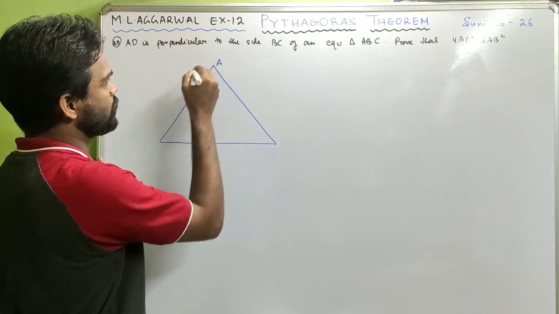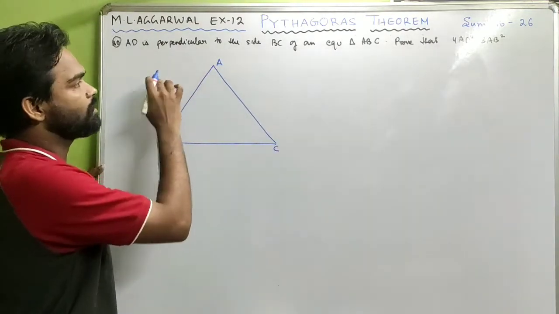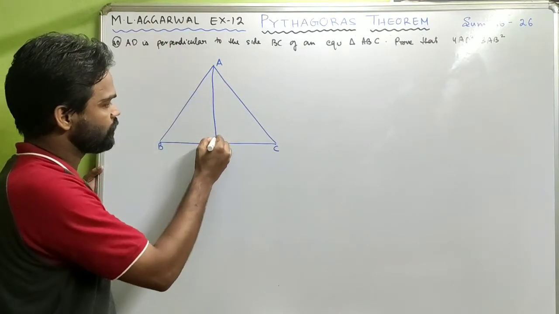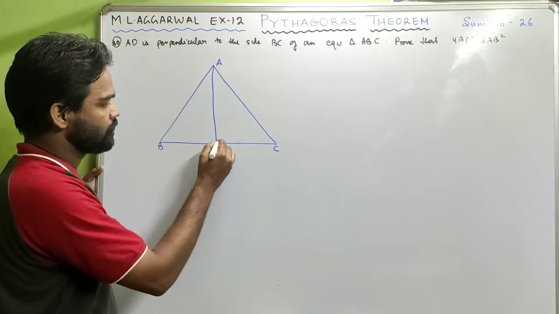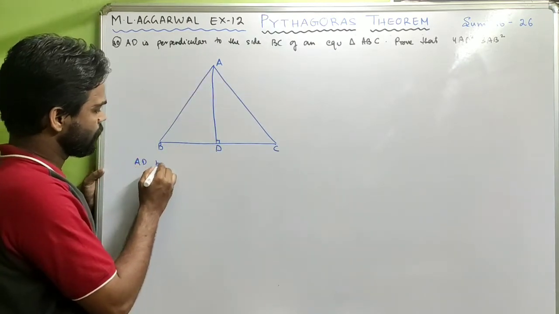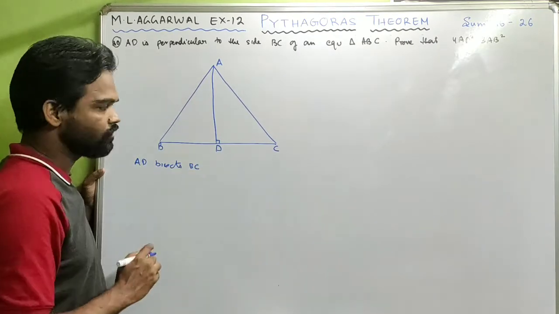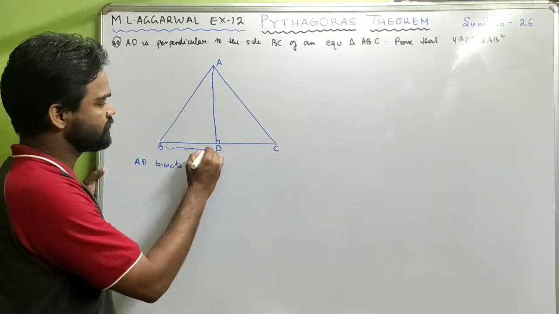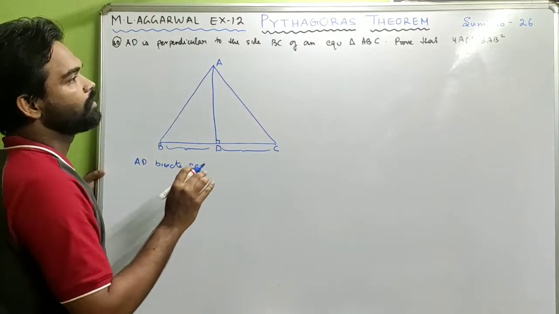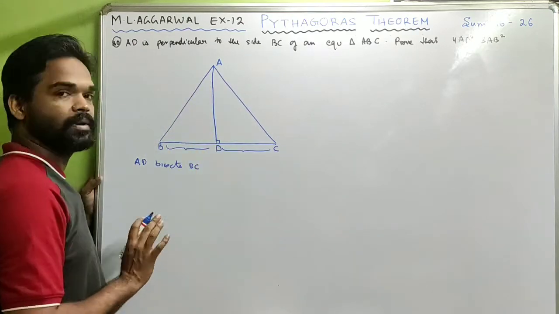Suppose this is A, B, C. AD is the perpendicular to the side BC, which means you drop a perpendicular D. Now we know the perpendicular AD bisects BC into two equal halves, which means BD and DC will be same.